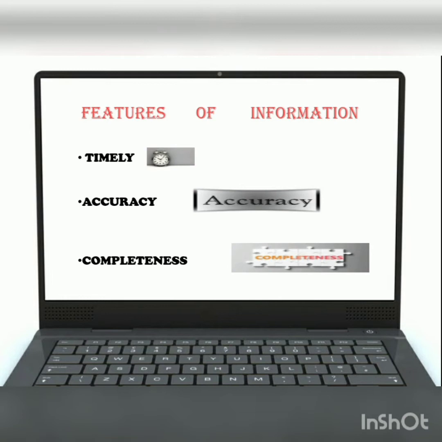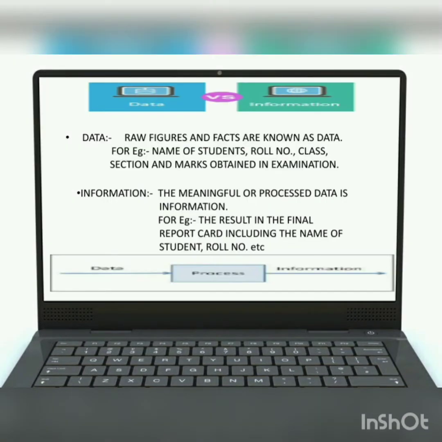Okay, kids, now let's move forward to the data versus information topic. Data: raw figures and facts are known as data. Kids, for example, when a teacher collects the names of the students, their roll numbers, their class and sections, and their marks obtained in the examination, these are called data. Now, information: meaningful or processed data is called information.